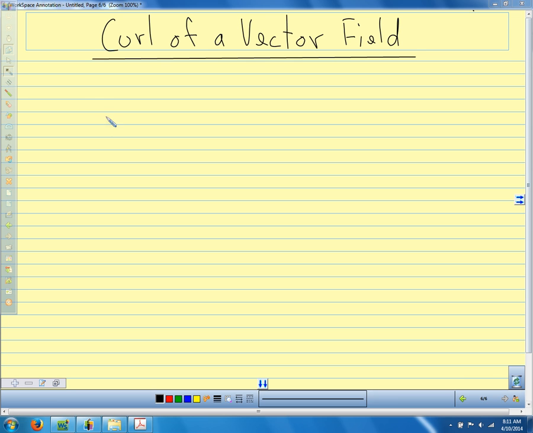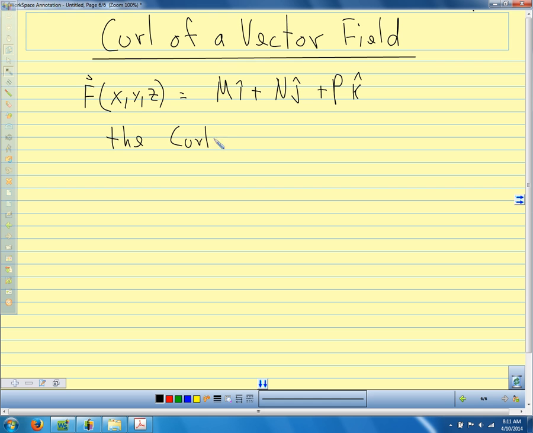All right, so curl of a vector field, we need a vector field in space. So here's our vector field. The curl of f, you'll see it written a couple of ways.